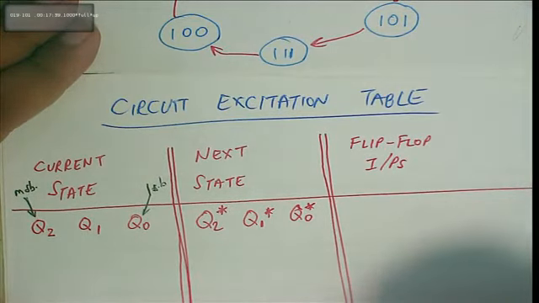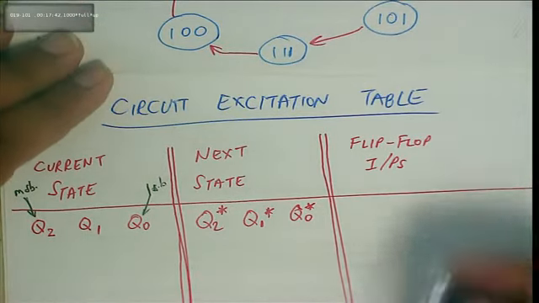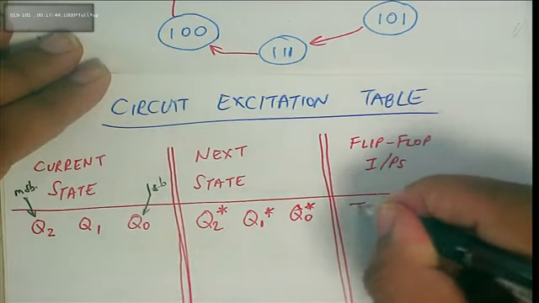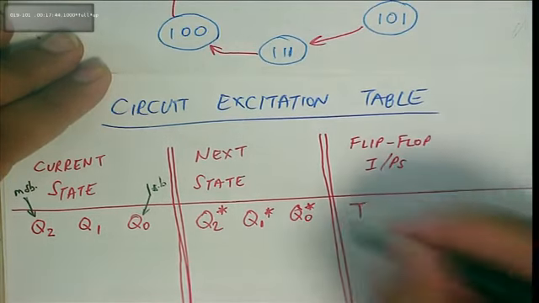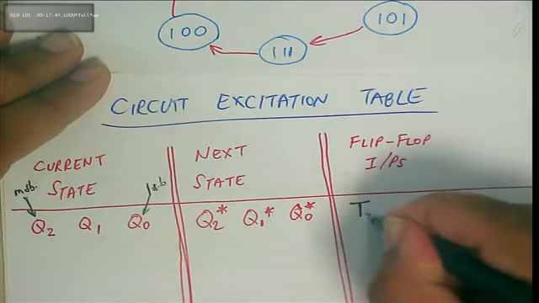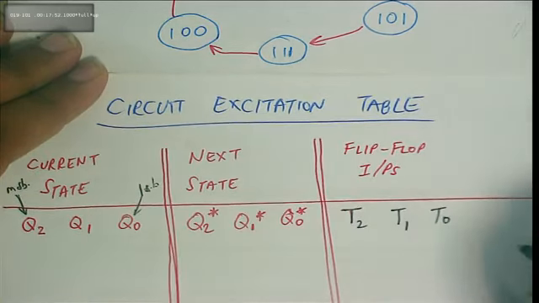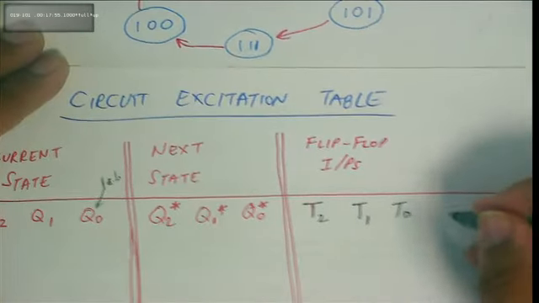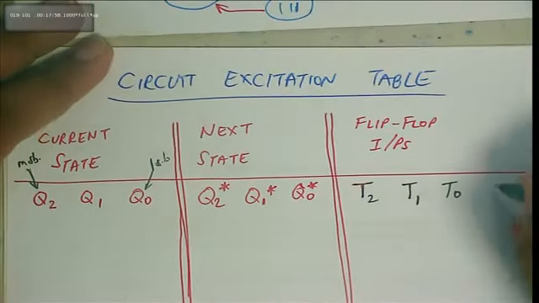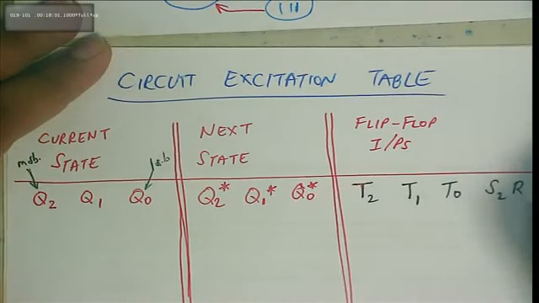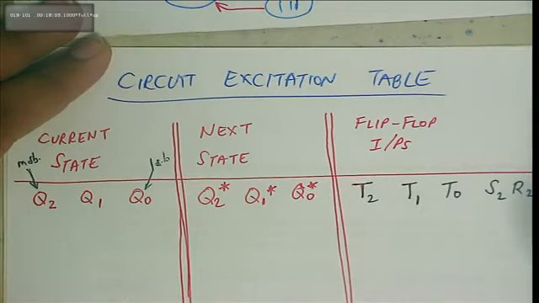Flip-flop inputs. What flip-flop do we have to use? We've been told to use the T flip-flop, T2, T1, T0, and also SR. So let's just put it in the same table, just to help us out over here. One shot. Let's do the problem one shot. So it's S2, R2, S1, R1, S0, R0.